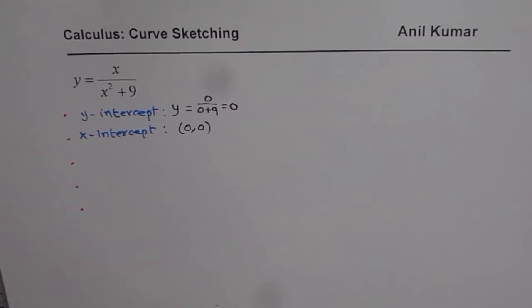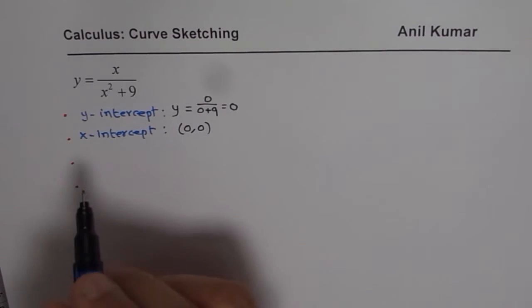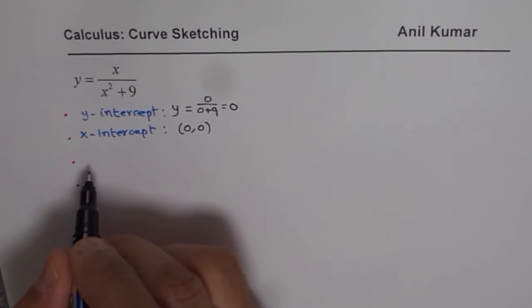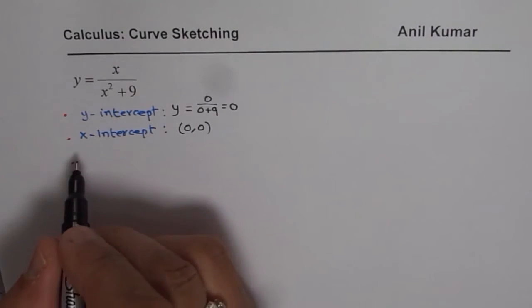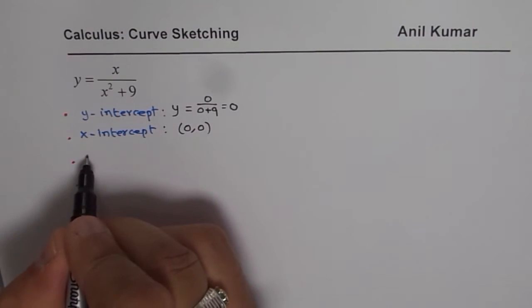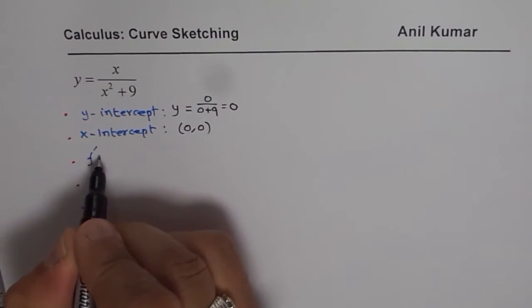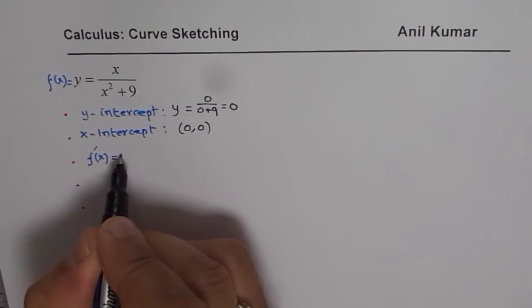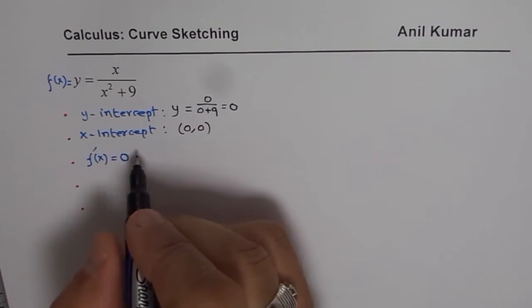Now the other thing which we need to find is the local extreme values. So local maxima or minima, we can find by finding the derivative of the function. So let's write the function as f of x, right? In that case, the derivative of the function, when you equate it to 0, gives critical points.